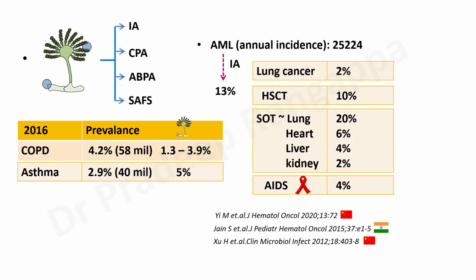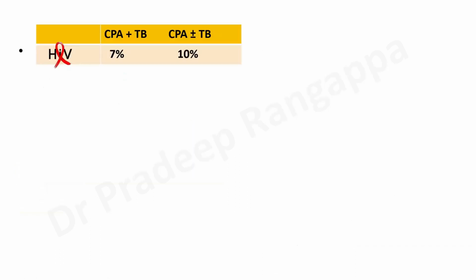Especially in patients with severe asthma, 10% tend to have aspergillosis. These are the Indian statistics. So aspergillosis is there in all this spectrum of patients, and that needs to be kept in mind. And severe asthma with fungal sensitization happened in 33%. So this is the Indian data on aspergillosis.